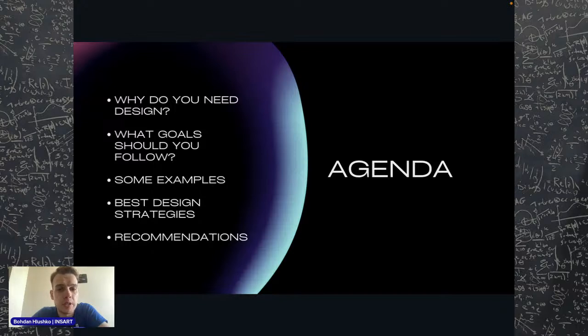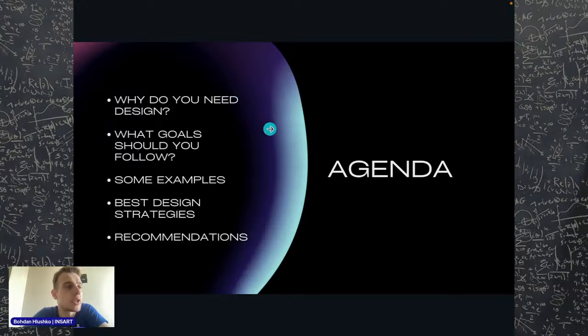Working in such projects, it is pretty important to keep in mind that there are lots of different business solution approaches. And as long as you are continuing creating different aspects, you need to remember how the design components work in today's world. First of all, let's talk about why you need design at all.